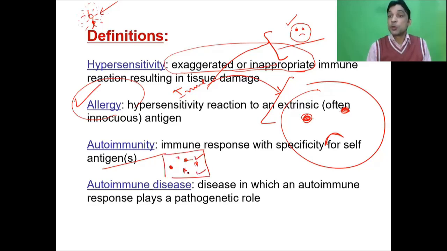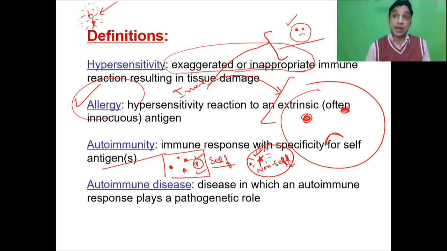These are all considered as the self. But if something which is labeled as self, our immune system starts considering as non-self, then our immune system will start fighting against it.